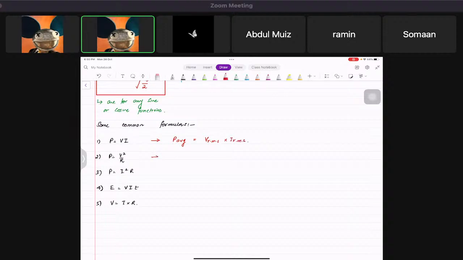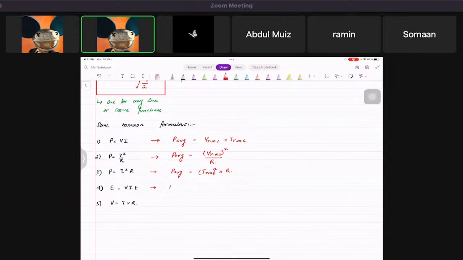Similarly, here we're going to find power average by RMS voltage squared divided by just R, because R does not have a particular RMS, just the value. For this one, if there was current, I would say I RMS whole square multiplied by R. Let me just put a bracket here so you guys don't get confused. The RMS is just one symbol.